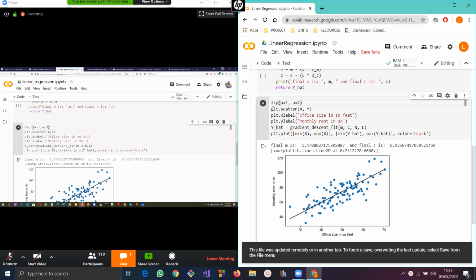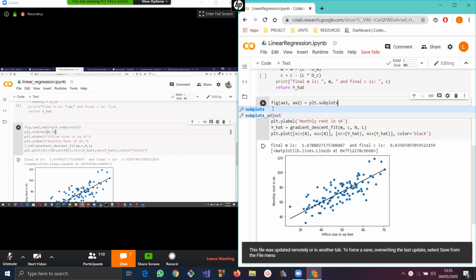Second axis is for that error that we want. plt.subplots. Graphs to be, so I just type 2, so it's there.